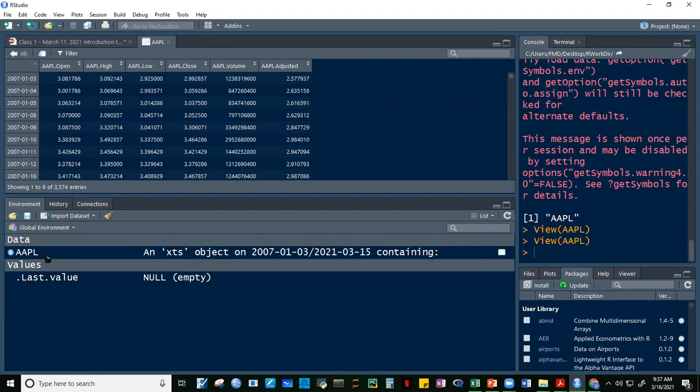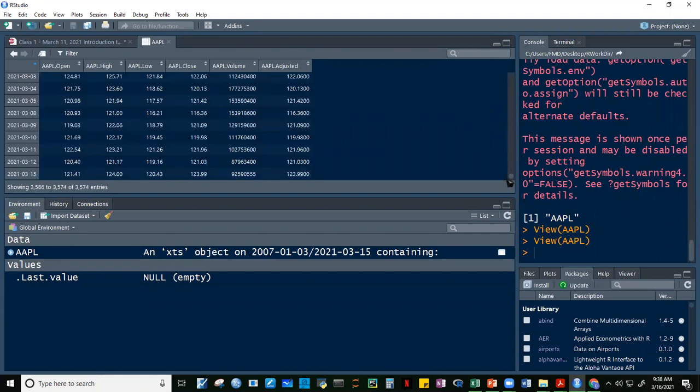These are the values of AAPL. So you have 6 columns and 3,574 rows. No? So nagsimula siya ng January 3, 2007, and it ended up to yesterday's price, March 15, 2021.